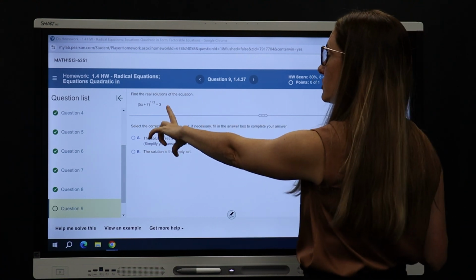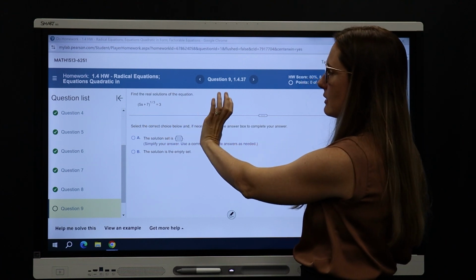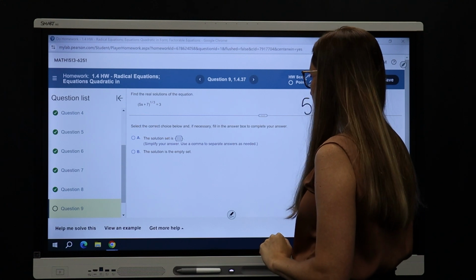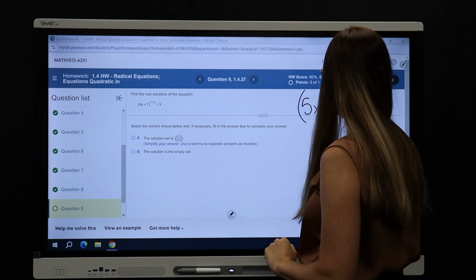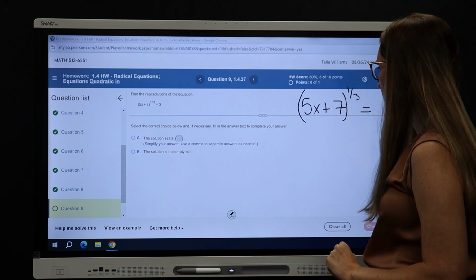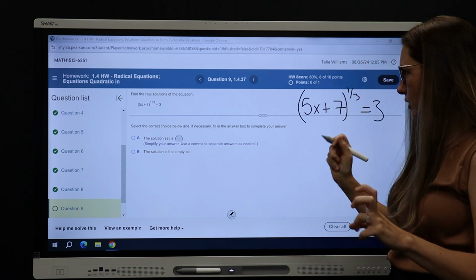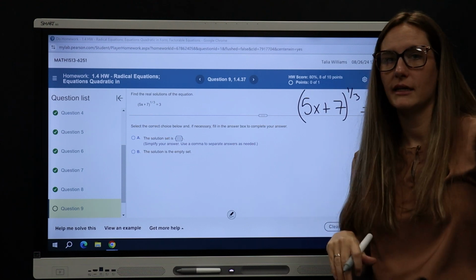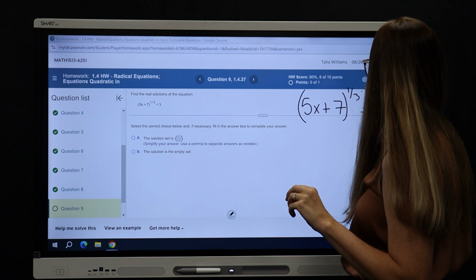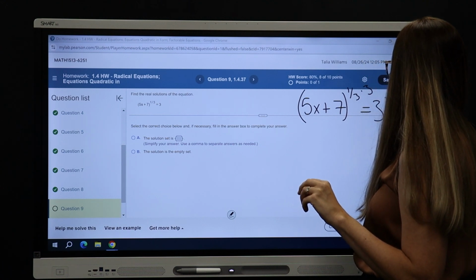Okay, this one's to the 1/3, so this is the same as a cubed root. 5x plus 7, and all of this is raised to the 1/3 power, which is the exact same as a cubed root. So the opposite of taking a cubed root would be to raise this to the 3rd power.